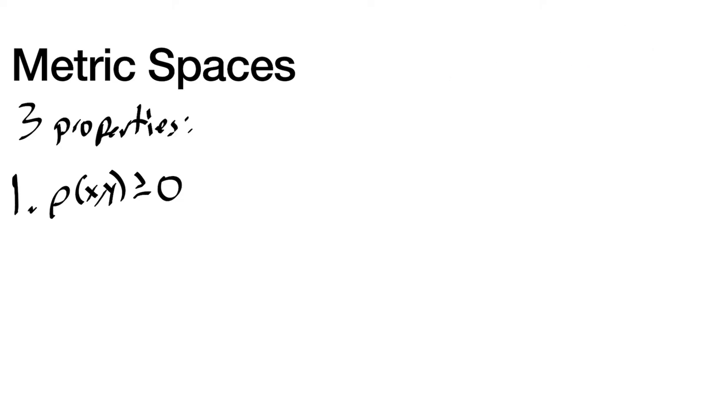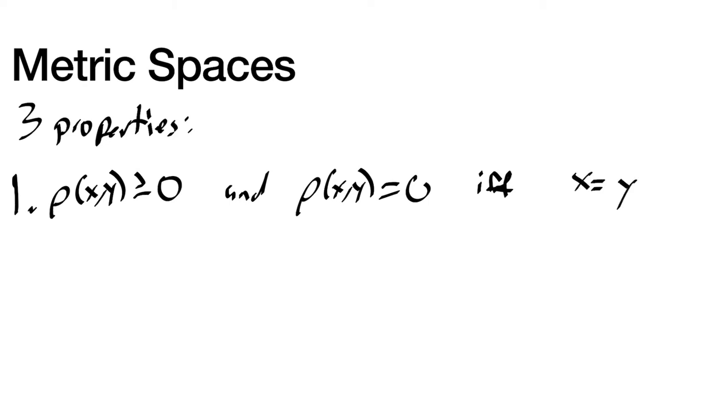But we also want rho of x, y to equal 0 if and only if x equals y. So the only point that is a distance 0 from another point is itself. You can't have two points in your space that are distance 0 apart. There's always some positive distance between any two distinct points.